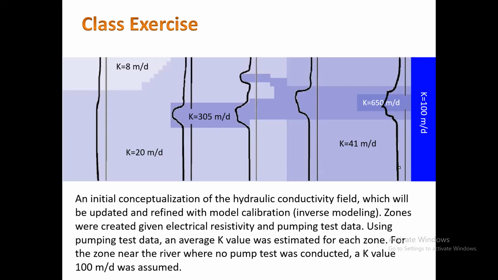Then we have one zone from here to here, and K is equal to 20 or whatever this number is. And K here maybe 40 or whatever this number is.